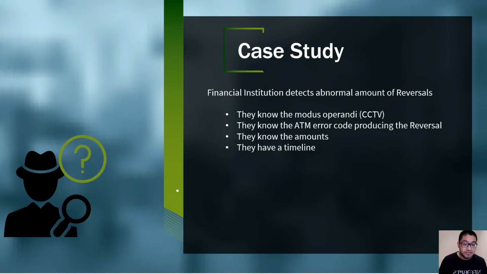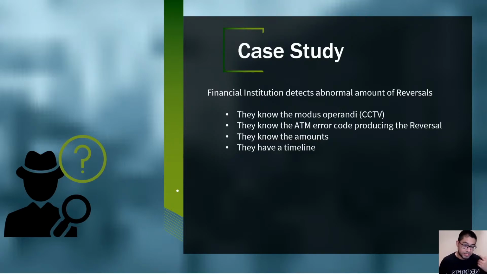So now this is a forensic case story that I attended. In this project, the financial institution detected an abnormal amount of reversals. They know what the normal flow of reversals is, but suddenly they saw a spike.